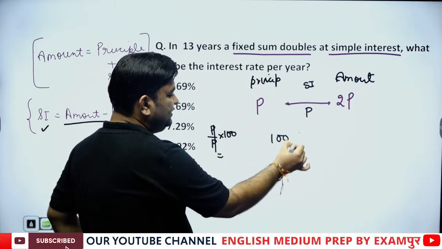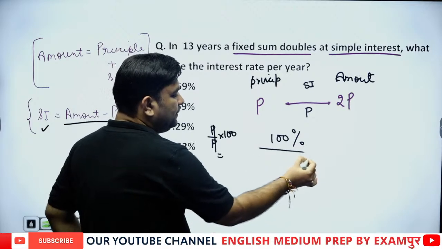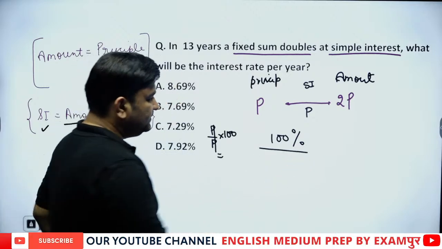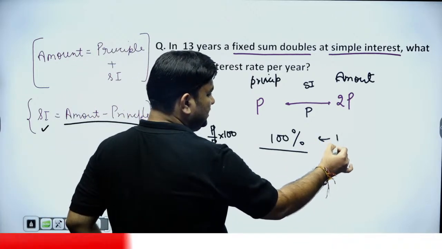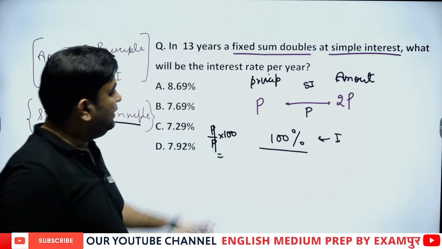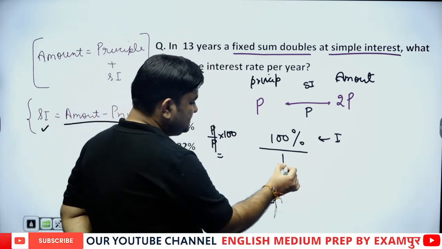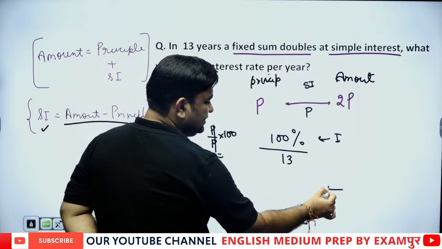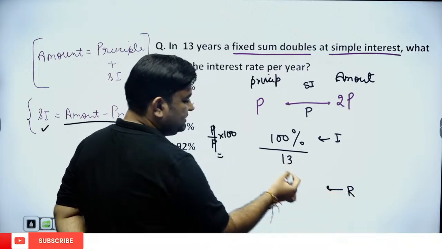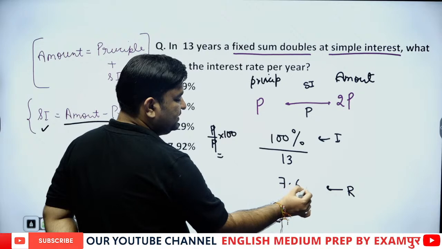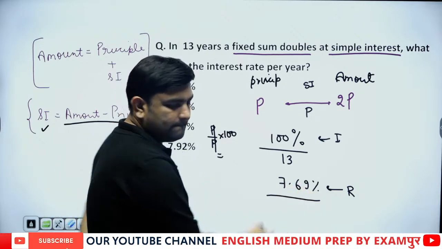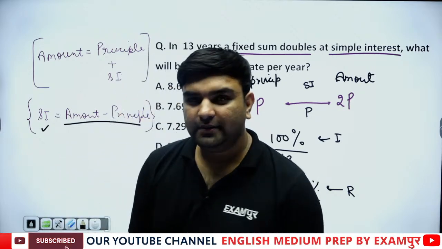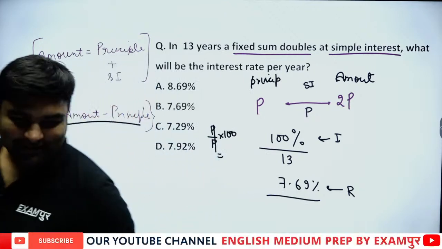So 100% interest in 13 years, what is the rate? 7.69%.